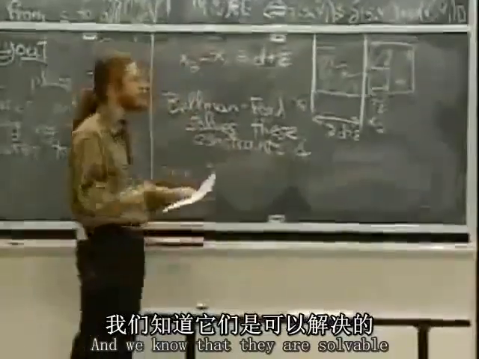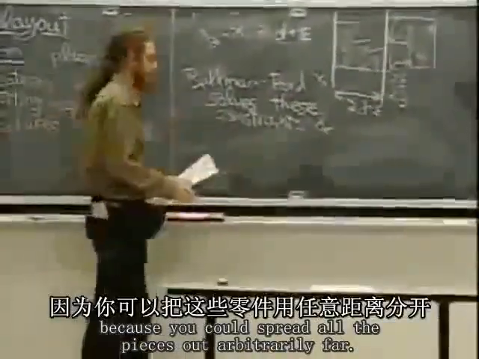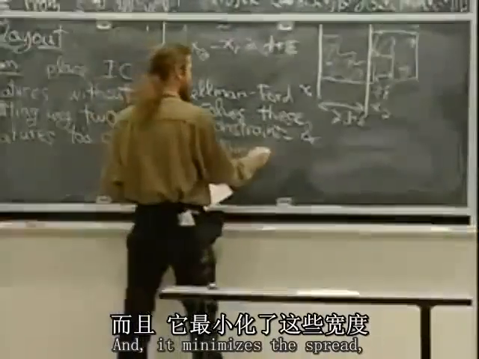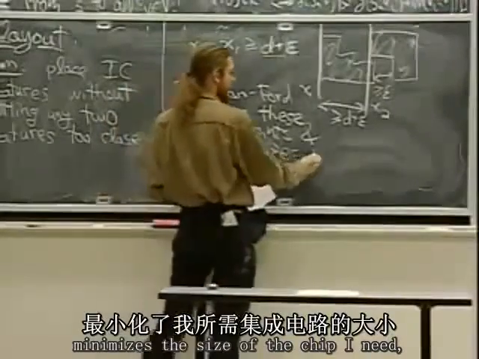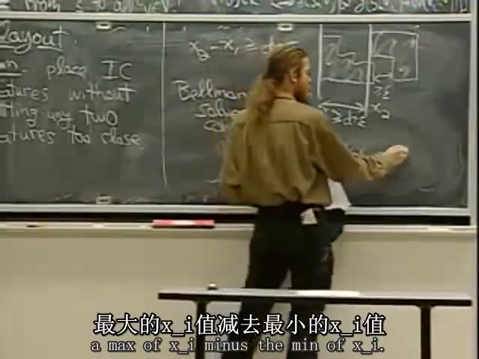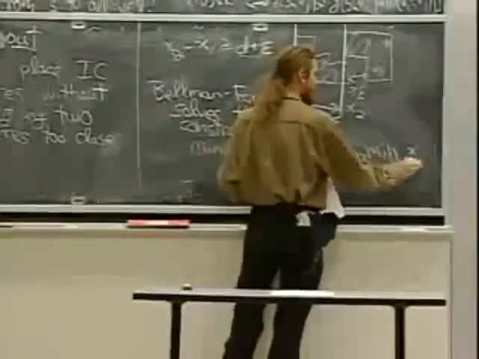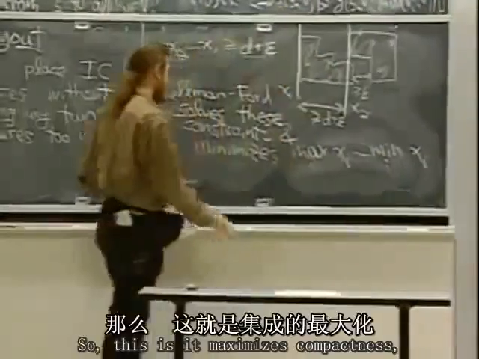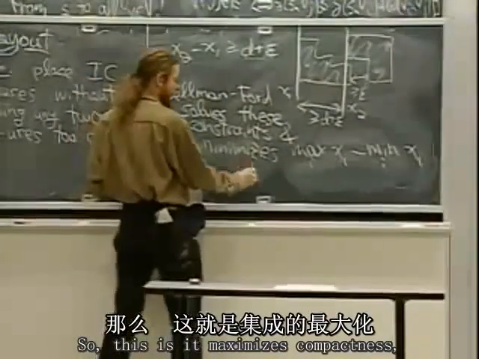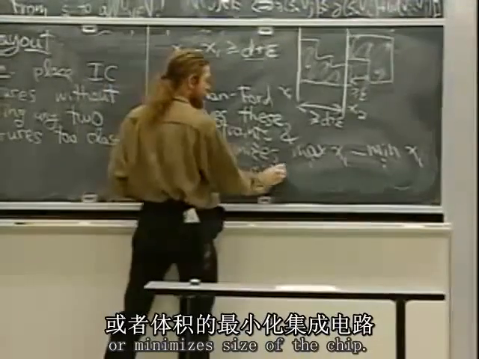And we know that they're solvable because you could spread all the pieces out arbitrarily far. And it minimizes the spread. It minimizes the size of the chip I need, the max of xi minus the min of xi. So it maximizes compactness, or minimizes the size of the chip.